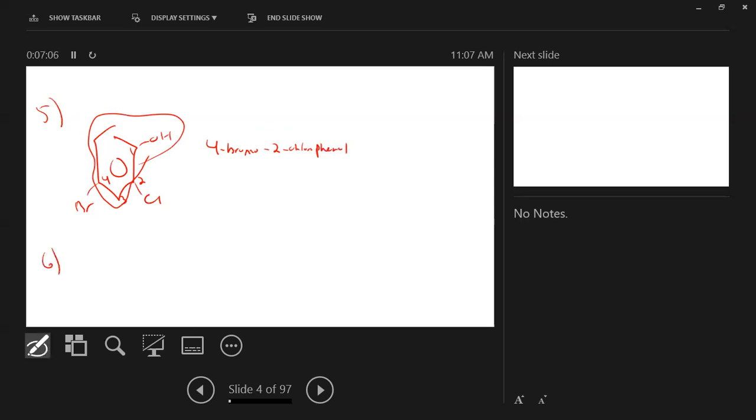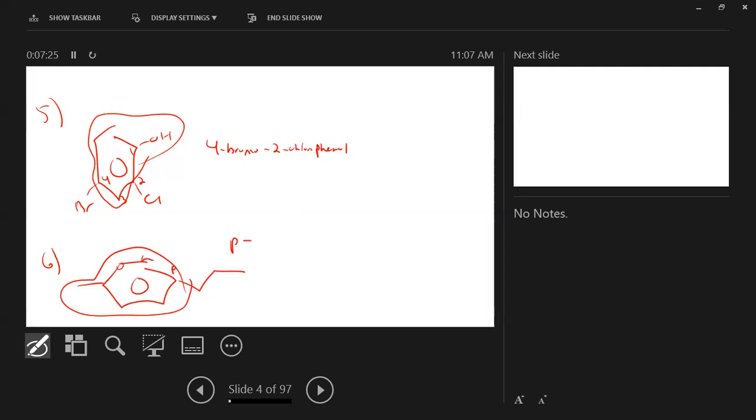We can do 6 on the same one. A lot of naming going on. So this is kind of like your parent right here. That's a toluene. So ortho, meta, para. At the para position, you have a propyl group.